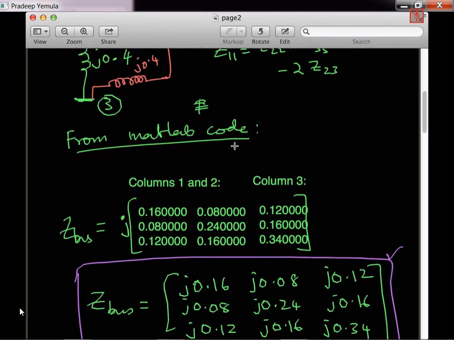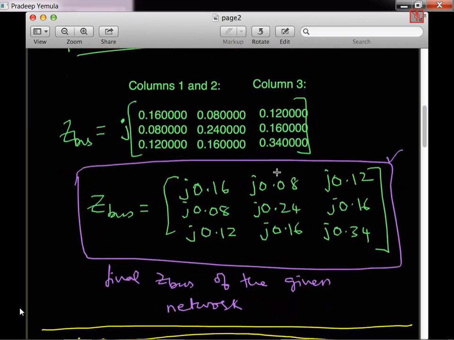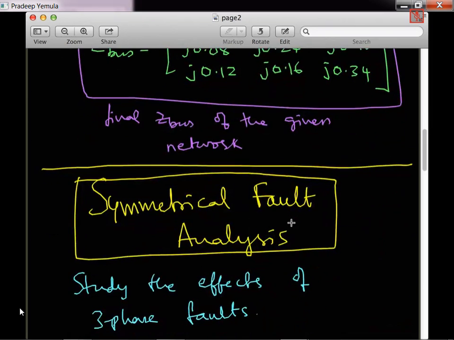Then we did a MATLAB code, and from the MATLAB code I found the Z bus to be this. You notice this Z bus is exactly the same as the one we built using the Y bus inversion method. So two methods give exactly the same value of the Z bus. This was the first part of the previous lecture.